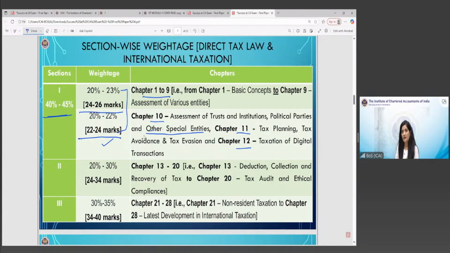Nowadays they are asking the question in a manner that you are supposed to compute the foreign tax rates also. They will give that this is taxable and the basic exemption limit is provided in that country, and after that it is taxable at the following rate. No deduction is permissible there.